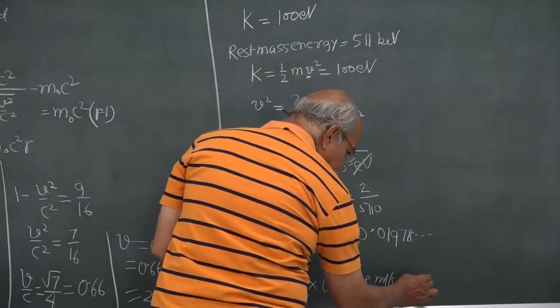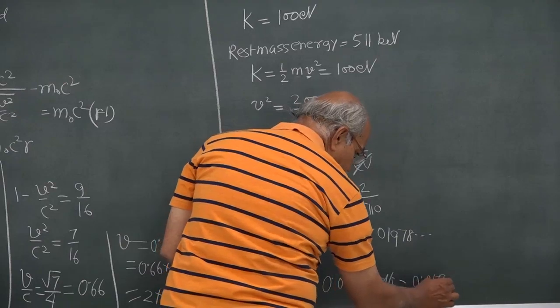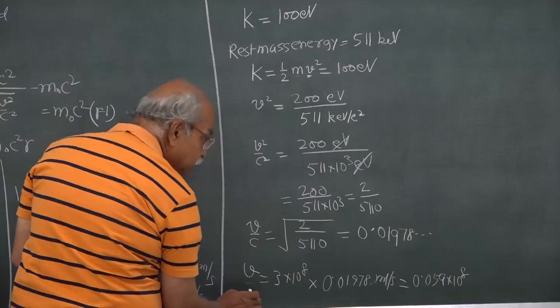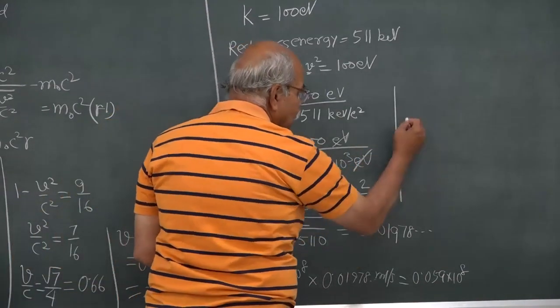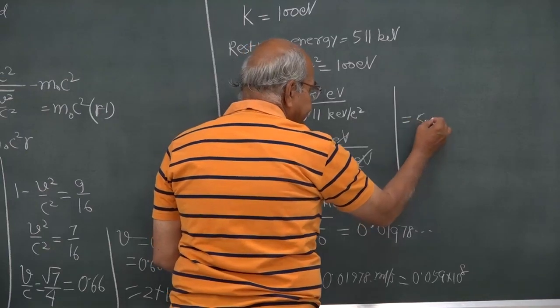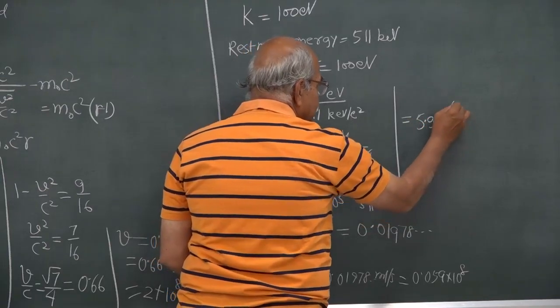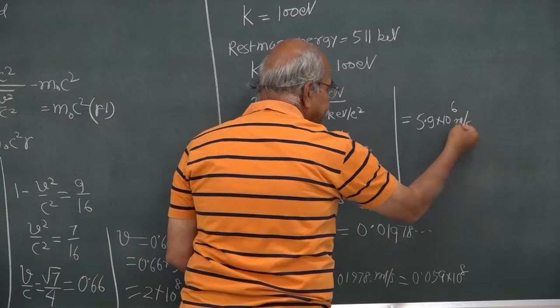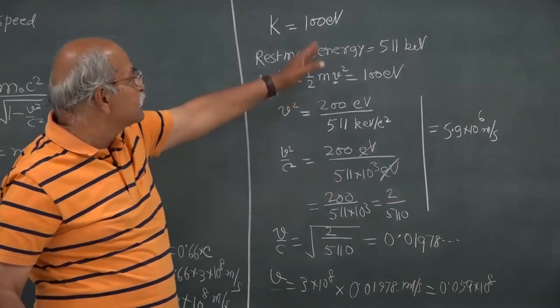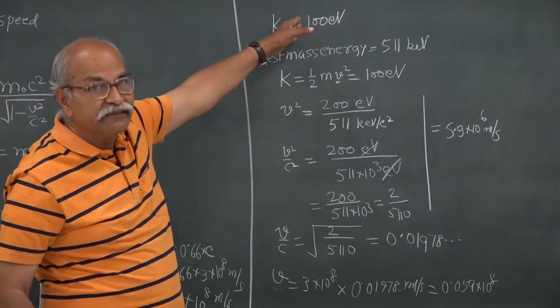So, it is 0.059 into 10 power 8, which is say 5.9 times 10 power 6 meter per second. So, that is the speed if it is 100 eV.